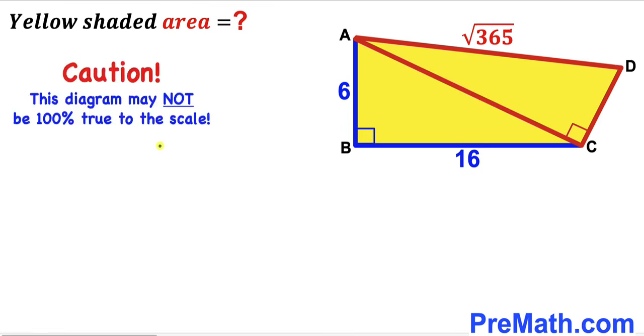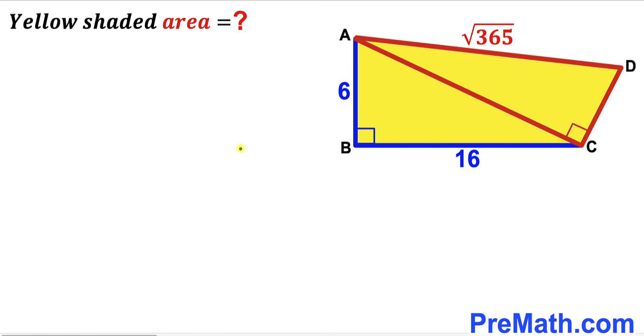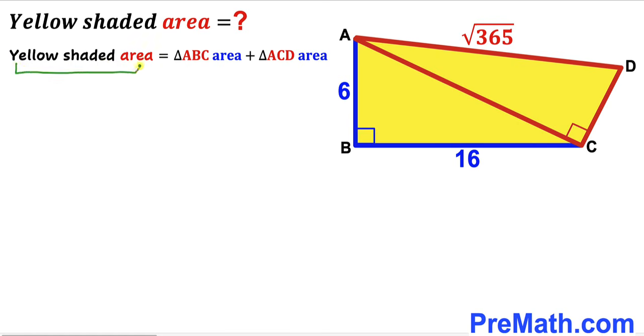Please keep in mind that this figure may not be 100% true to scale. Let's go ahead and get started. Now let's make an observation. The area of this yellow shaded quadrilateral ABCD is going to be equal to the area of triangle ABC plus the area of the other triangle ACD.